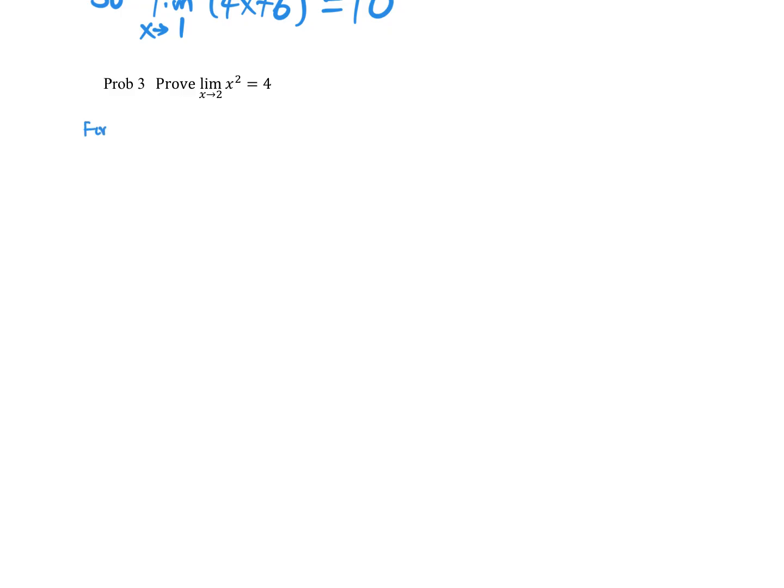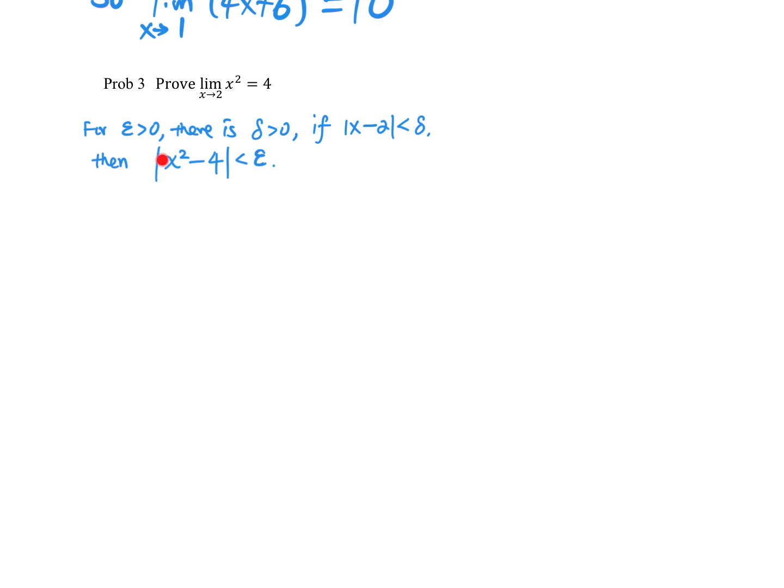For any epsilon greater than 0, there exists delta, which is also greater than 0, and if |x - 2|, because x is approaching 2, is less than this delta, then the function value f(x), which is x squared here, minus 4, which is the limit, that means the distance between the function value and the limit is less than epsilon, any arbitrary epsilon.